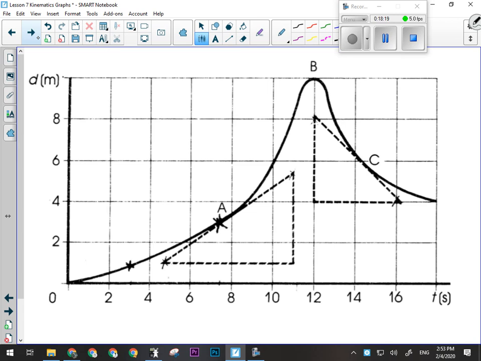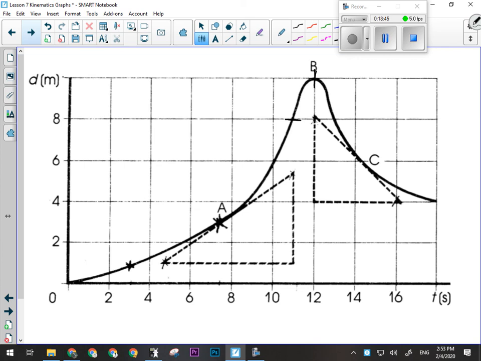Now, this graph is all curves. It's still a position versus time graph, but it's all curves. So what's going on in this first section here? Right, it's accelerating. The line's getting steeper and steeper. And then, let's just say between here and here, what's going on?